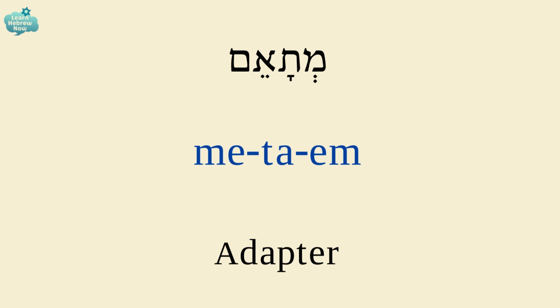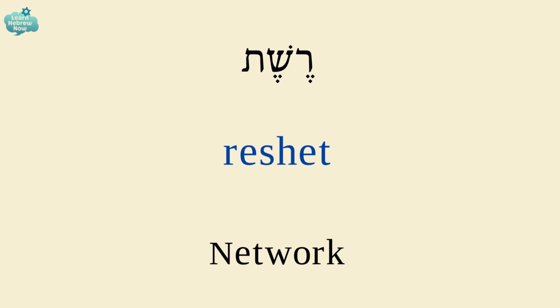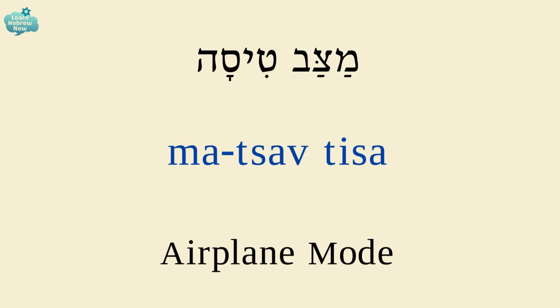מתאם. Network is רשת. רשת. Airplane mode is מצב טיסה. מצב mode, טיסה flight.